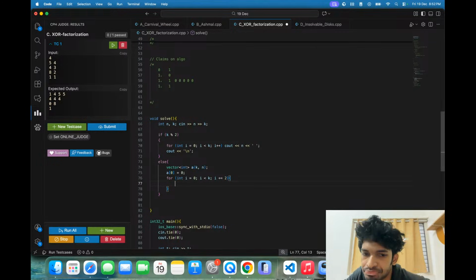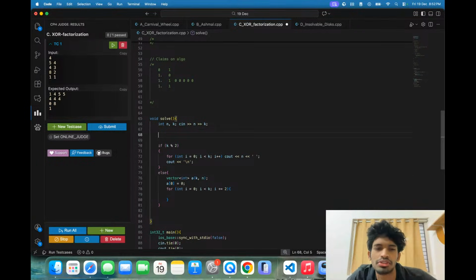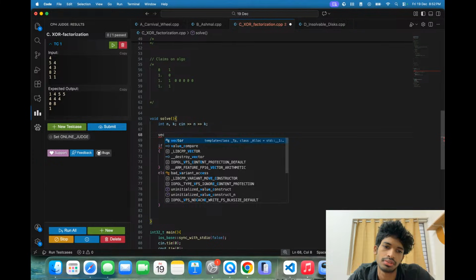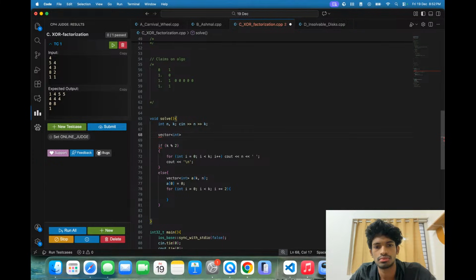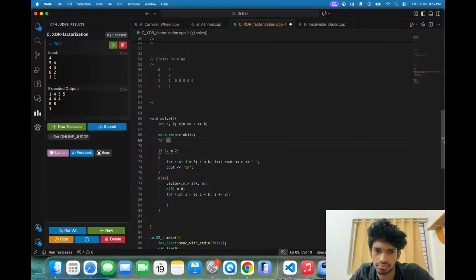We'll try to find two bits in n. Let me just collect the bits of n. J equals 30, in decreasing order.